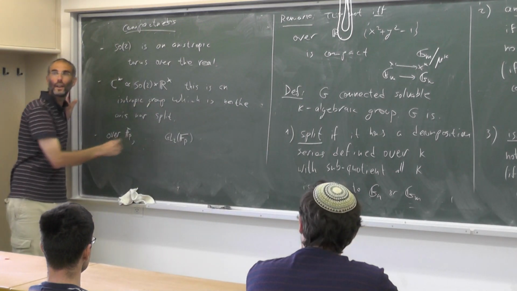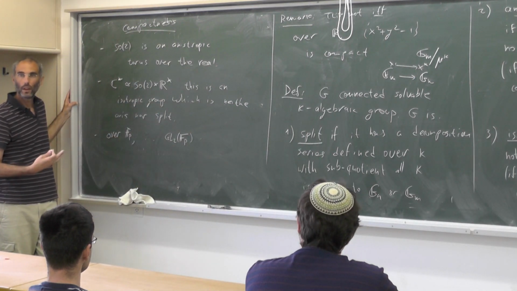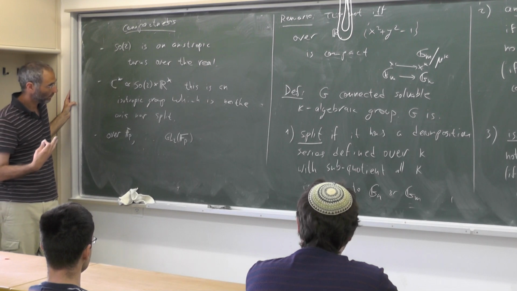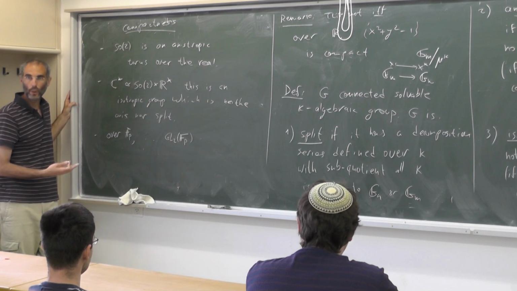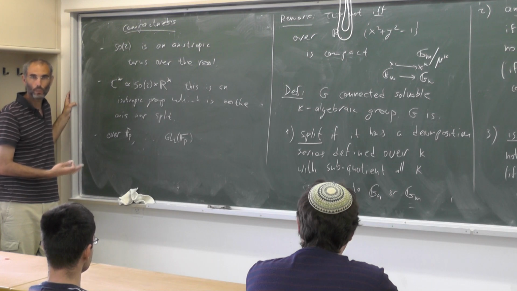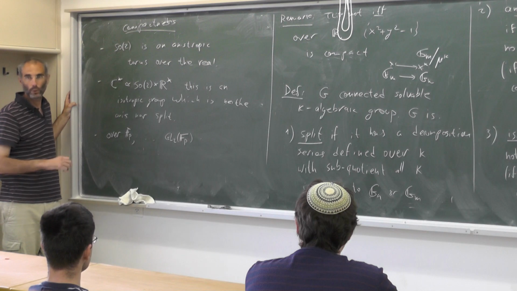Here we have the standard torus of diagonal matrices. How many points do we have in this torus? How many F_p points? (p minus 1) squared.